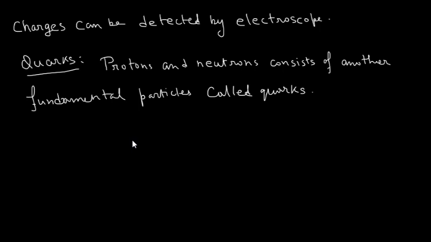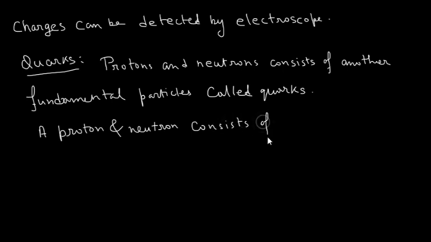So a proton and a neutron consist of three quarks each.